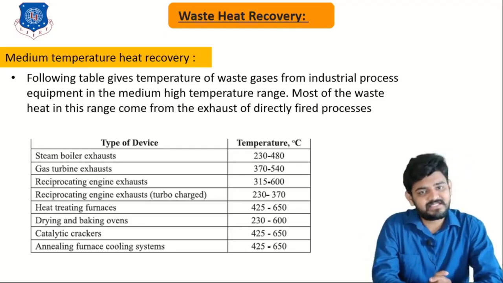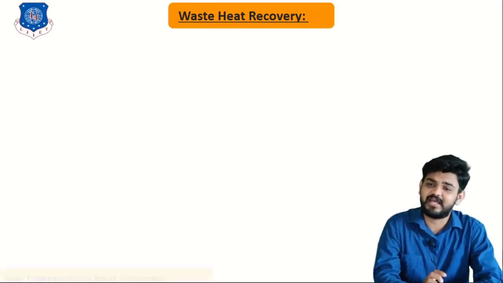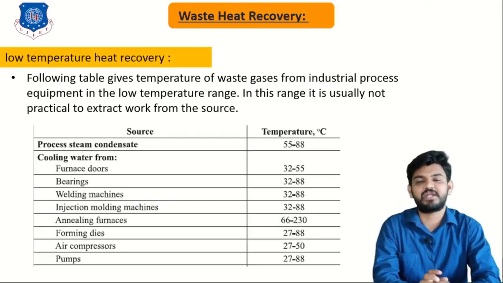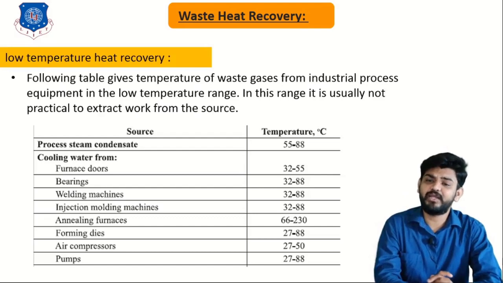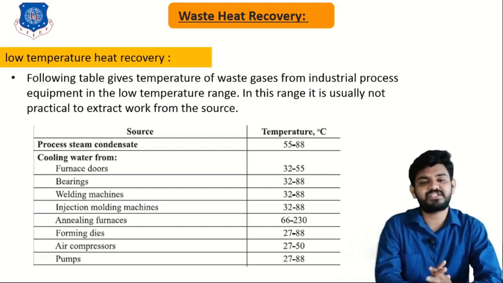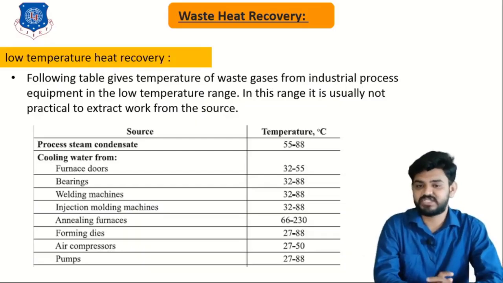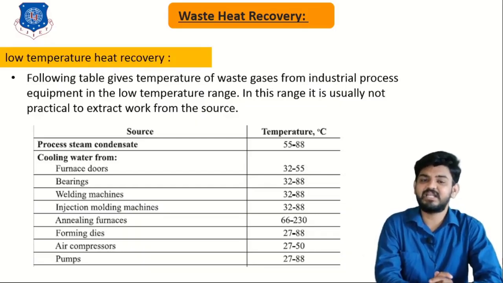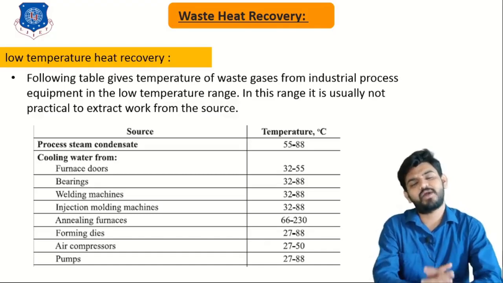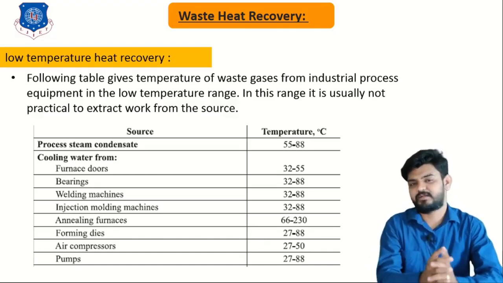Now let's see the next classification, and that is low temperature heat recovery. The following table gives the temperature of waste gas from industrial process equipment in the low temperature range. In this range, it is usually not practical to extract work or heat.